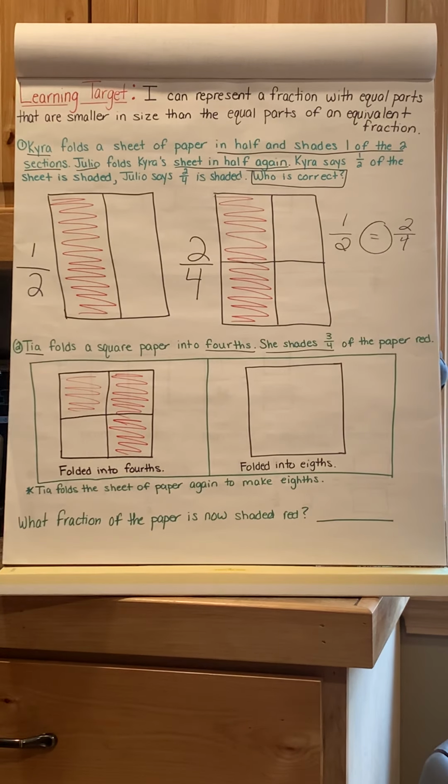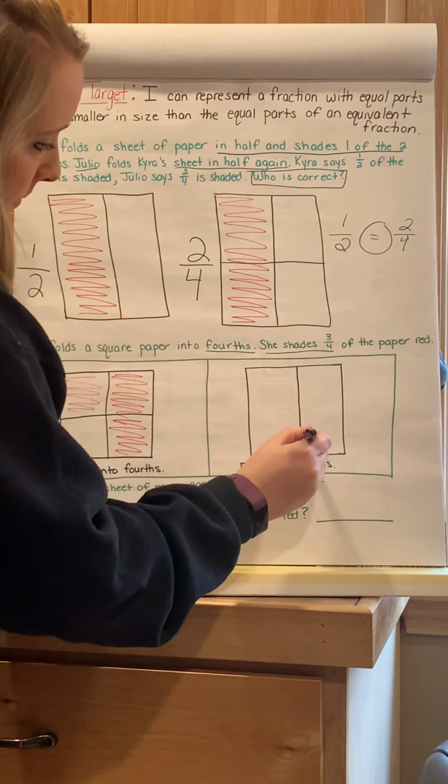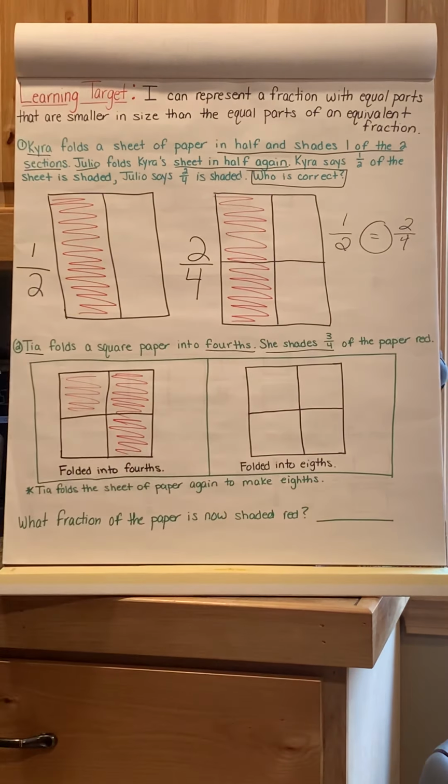Now, it also tells us that Tia folds the sheet of paper again to make eighths. So she started with fourths.